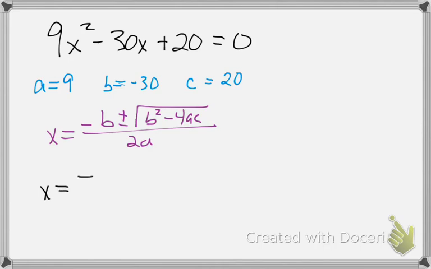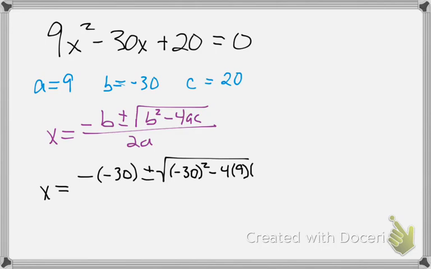So x equals negative minus 30 plus or minus square root negative 30 squared minus 4 times 9 times 20 all over 2 times 9. All right. Now, I mean, if you really want to go fast, you can try it. I'm just saying, you're going to kick yourself for making stupid mistakes and losing points. So I took a step just for plugging in.